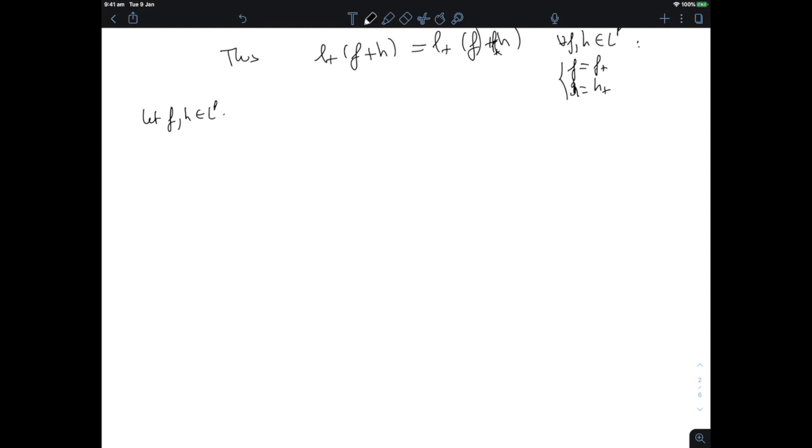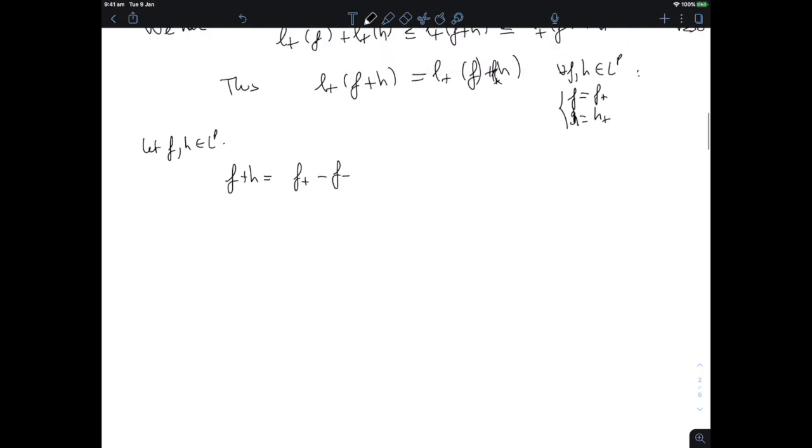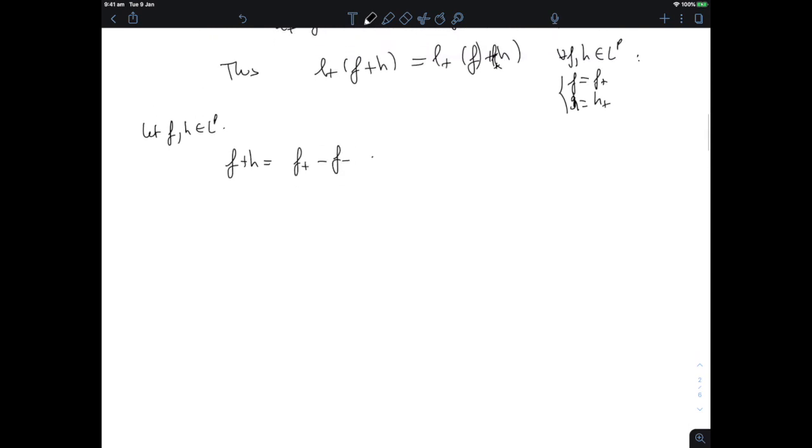And notice that if I look at F plus H, I can write it as F plus minus F minus plus H plus minus H minus. It's the definition of this F plus and this F minus. And of course, I can also write it as F plus H plus minus F plus H minus. So this tells me what?